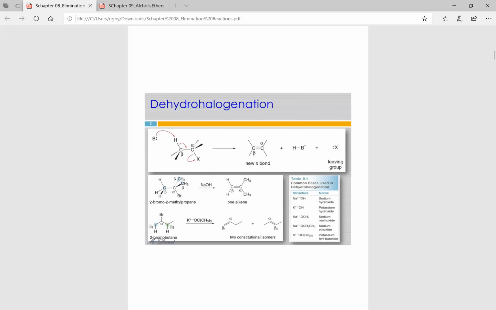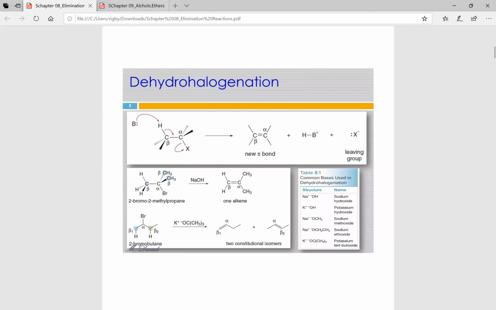Dehydrohalogenation is essentially just losing a hydrogen, which is the hydro part, and a halogen. That's generally what we're going to see in this chapter.